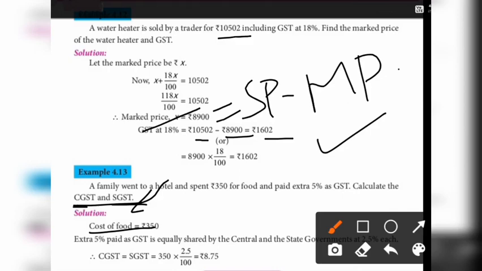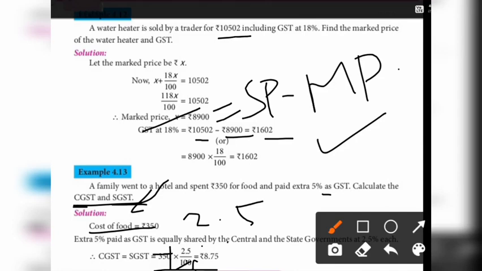That is, 5% means 2.5. 350 into 2.5 divided by 100. So this 0 and this 0 get cancelled, and then this and this.